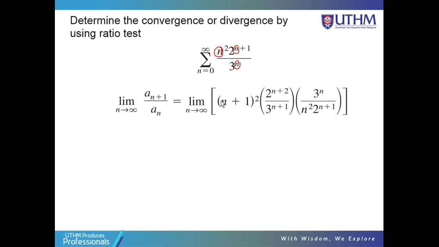So you plus 1 here, and you plus 1, and you need to plus 1, so they get the 2. Okay, you get the 2, and you plus 1, you get the n plus 1, and then you divide the answer with the n squared 2n plus 1 divided by 3n.